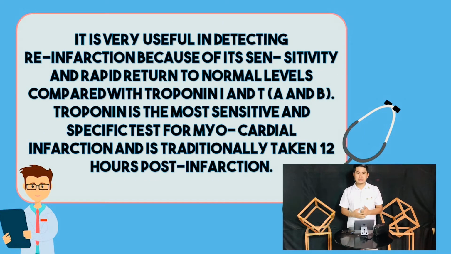It is very useful in detecting reinfarction because of its sensitivity and rapid return to normal levels, unlike troponin I and T. Troponin is the most sensitive and specific test for myocardial infarction. It is traditionally taken 12 hours post-infarction.